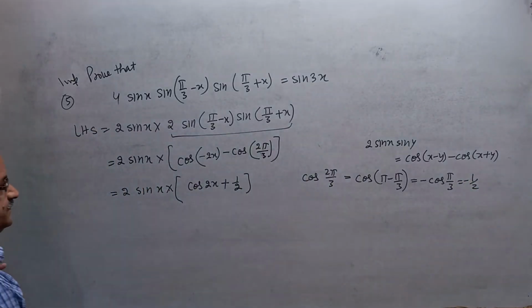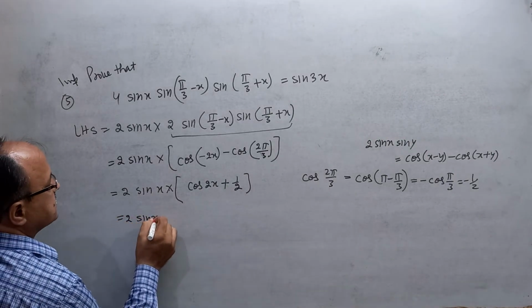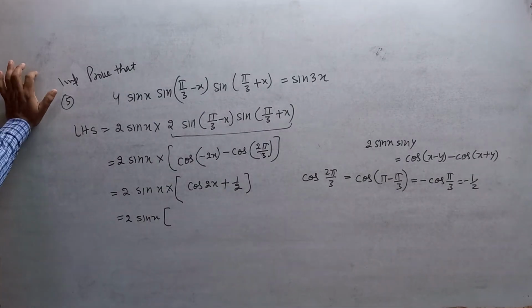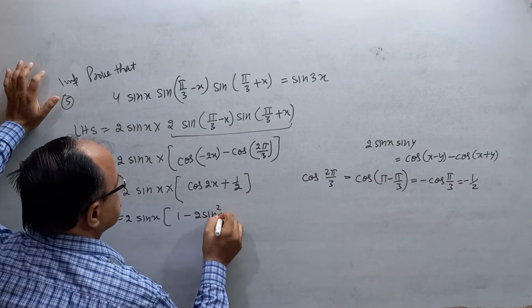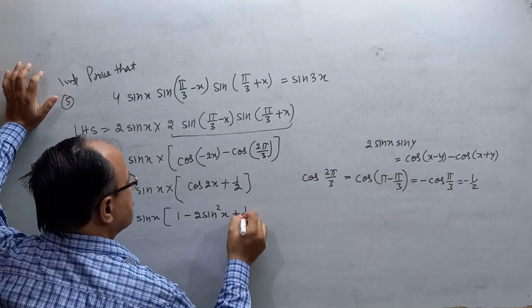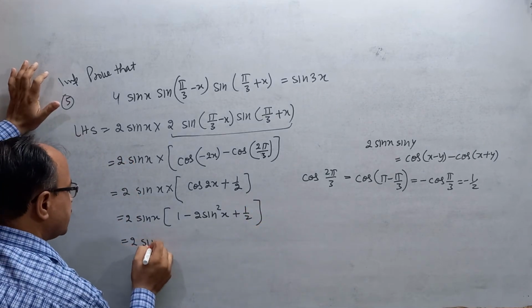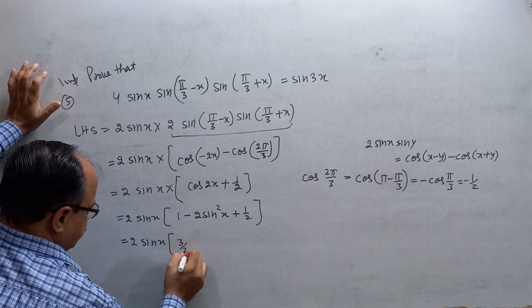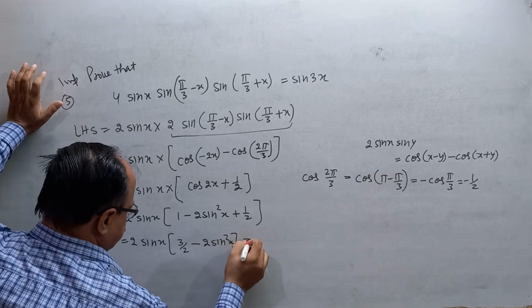Now you can apply the formula for cos 2x, you know, cos 2x is 1 minus 2 sin square x, plus 1 by 2. So 2 sin x into (1 plus half, that is 3 by 2, minus 2 sin square x).